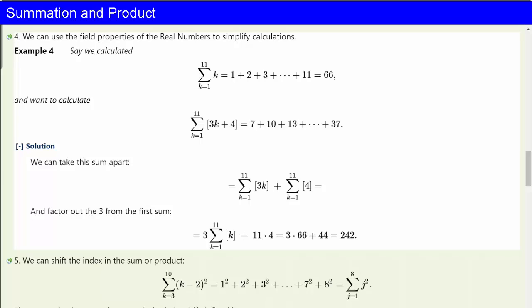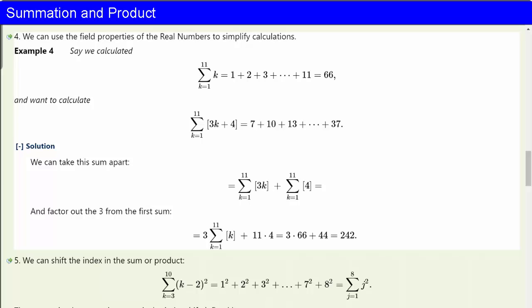But by the algebraic properties of the real numbers, you can first take this sum apart, which corresponds to the idea of regrouping a sum. So in this case, you get the sum from k equal 1 to 11 of 3k plus the sum from k equal 1 to 11 of the number 4. Then we can factor out the 3 from the first sum.